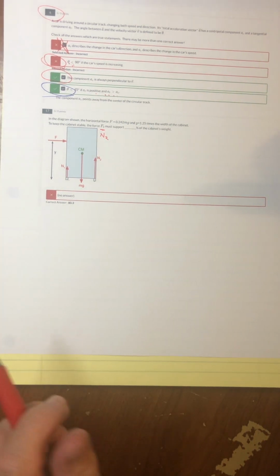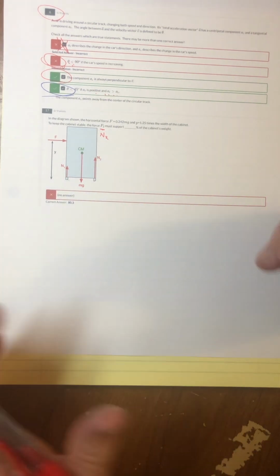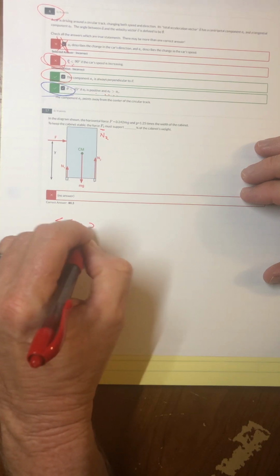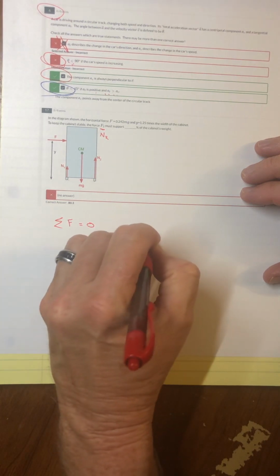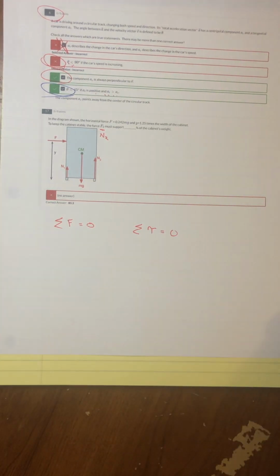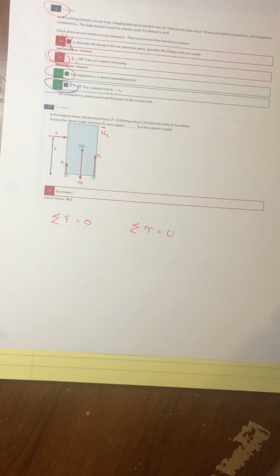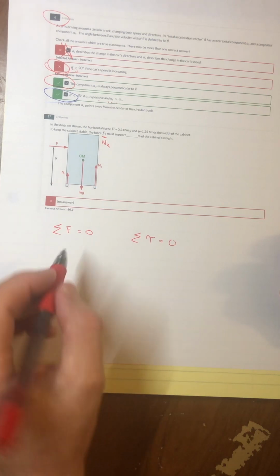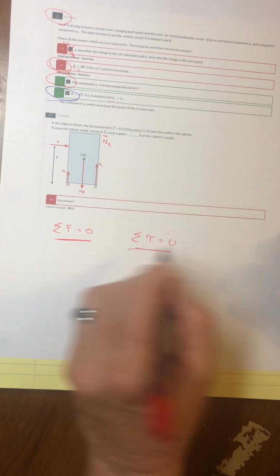And statics included both translational and rotational. In fact, in our statics, we said the sum of all the forces has to be 0 to keep it stable, but also the sum of all the torques has to be 0. And so statics is actually a combination of translational and rotational.